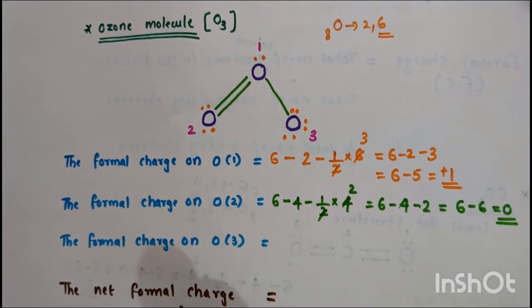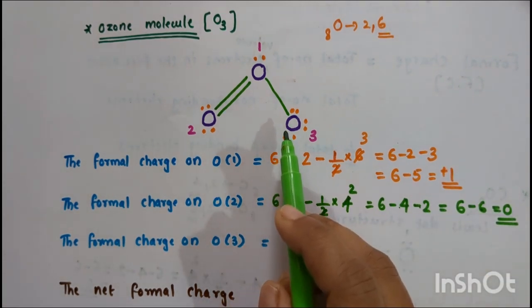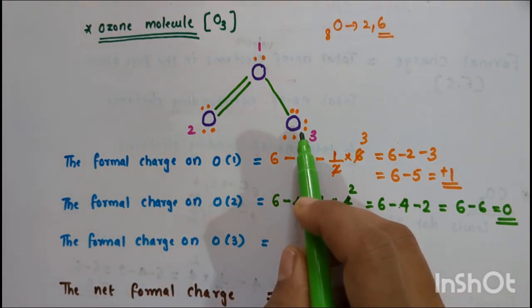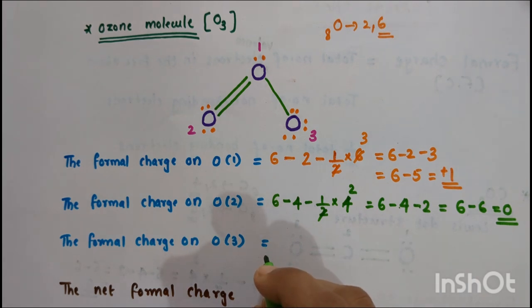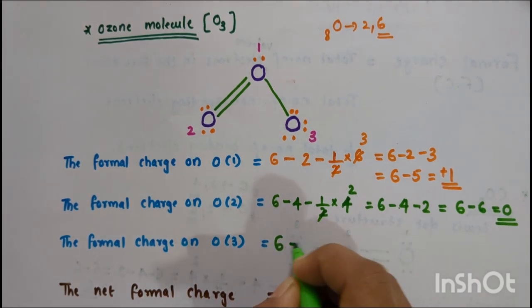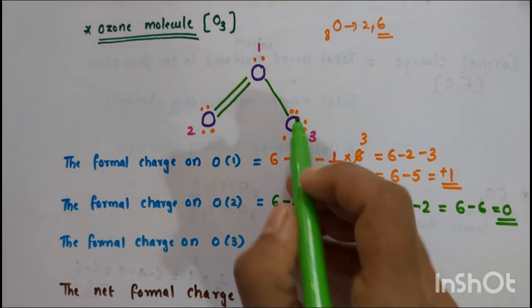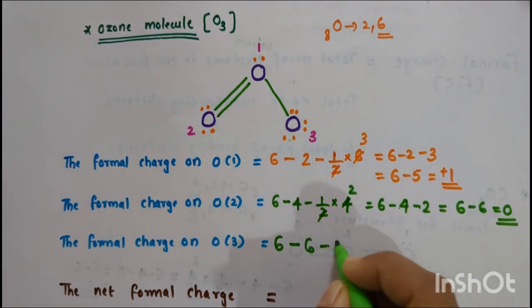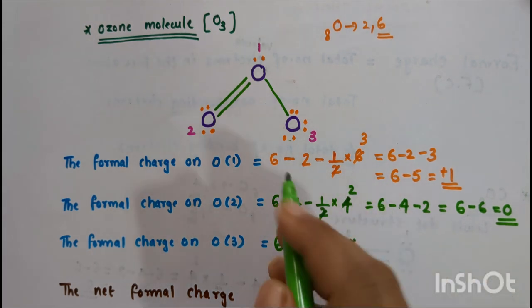Now consider the end oxygen atom which is numbered as 3. The formal charge on this oxygen atom 3 will be equal to the total number of valence electrons in the free oxygen atom, which is 6, minus the total number of non-bonding electrons, 2, 4, 6, so 6 minus 6, minus half of the total number of shared electrons.